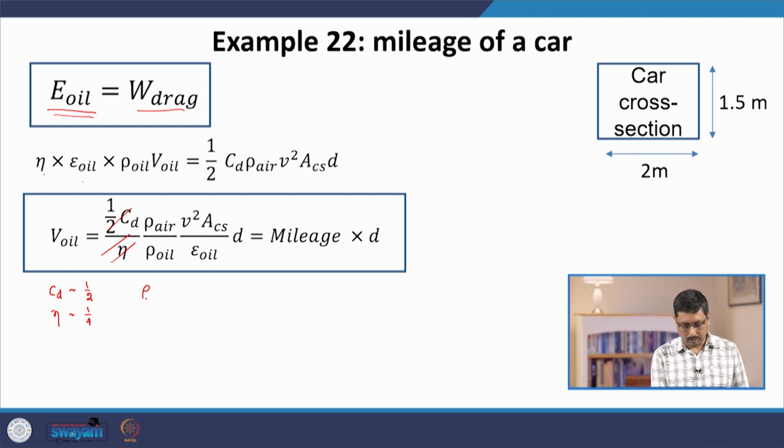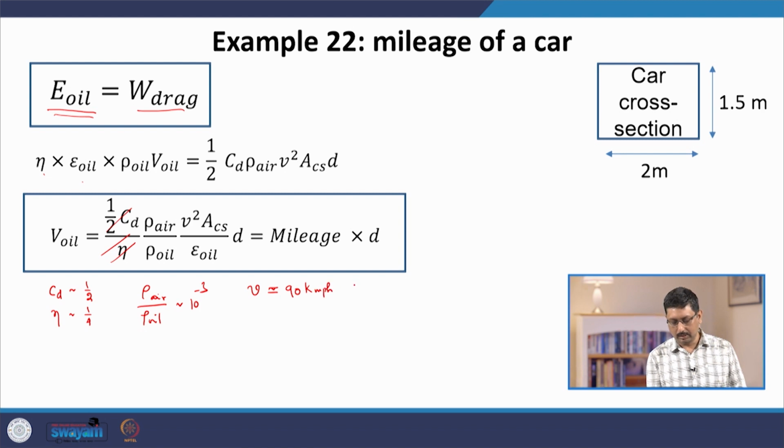So, we put rho air by rho oil as something like 1 by 1000. Then the speed of the car: we assume that the car is moving on a highway, at about 90 kilometer per hour, which is about 30 meter per second. That will make our calculation easy.